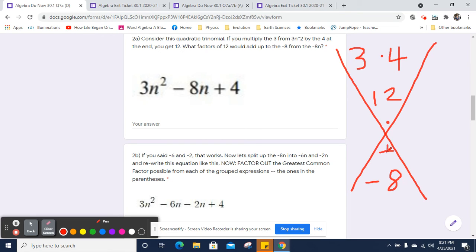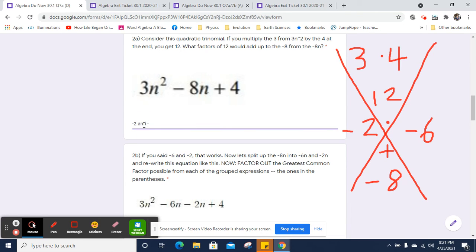Okay, so what are 2 factors of 12 that add up to negative 8? Well, negative 2 and negative 6 will do the job. 2 and 6 add up to 8. I'm going to need negative numbers, so let's do that. Negative 2 and negative 6. Or I could say negative 6 and negative 2. Either one works.